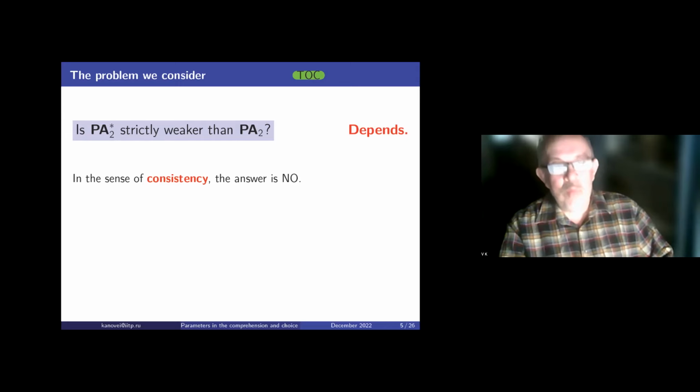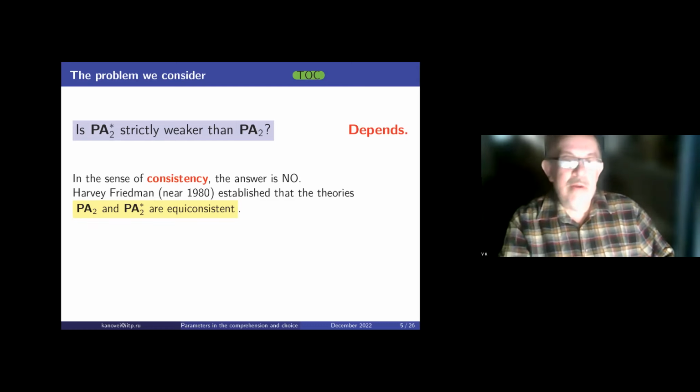That is, both theories are equiconsistent. It seems that the earliest source of this result is a paper by Harvey Friedman, who established that PA and PA star are really equiconsistent.